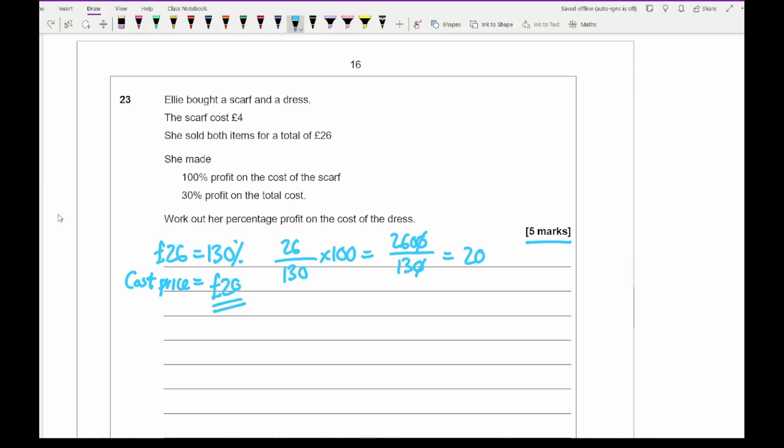So from this, if we know that the scarf costs £4, then the cost of the dress is going to be 20 minus 4, which equals £16.